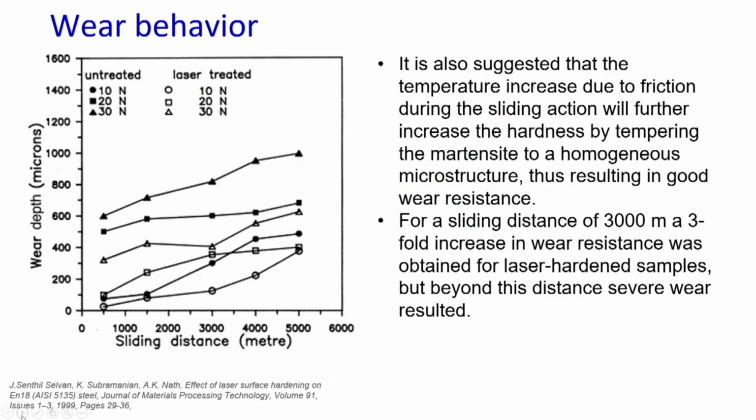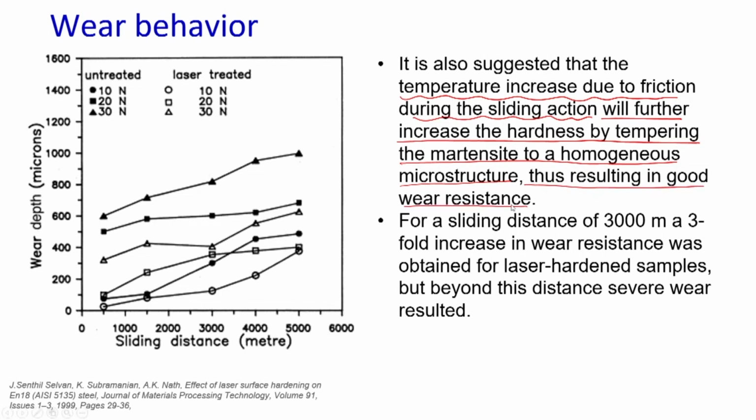It is also suggested that the temperature increase due to friction during the sliding action will further increase the hardness by tempering the martensite to a homogeneous microstructure, which resulted in good wear resistance.